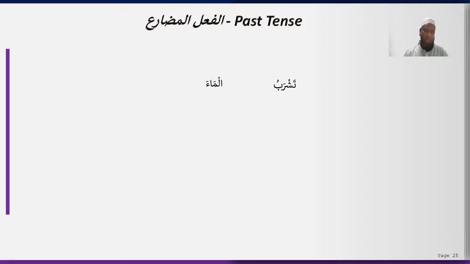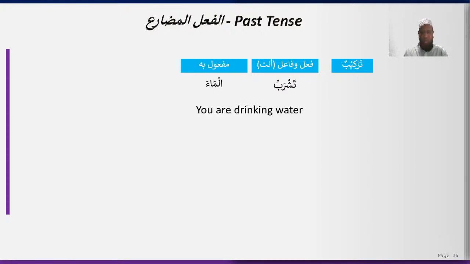If it's muannas ghaiba, we make the fa'il damir mustatir jawazan taqdiruhu hi, or we make the damir wujuban taqdiruhu anta. Again, the context of the sentence before and after will tell us which meaning. So let's see what I've taken. Tashrabu anta. Al-ma maf'ulun bihi. So you are drinking water.